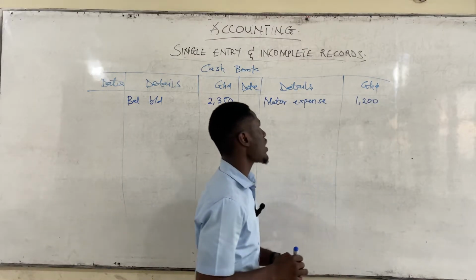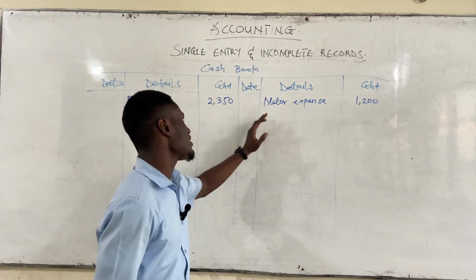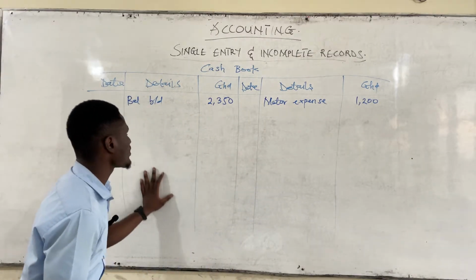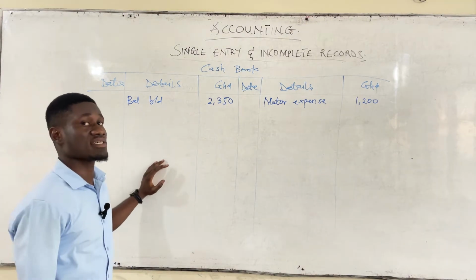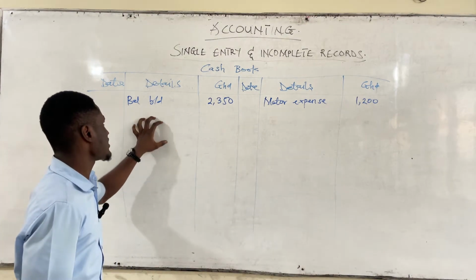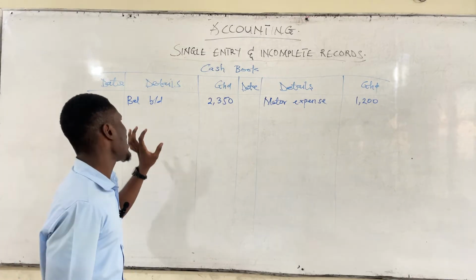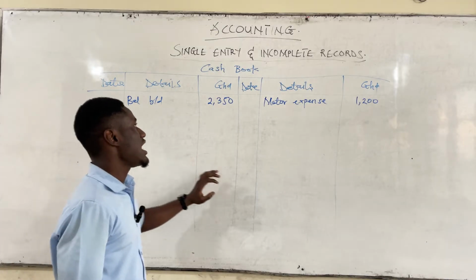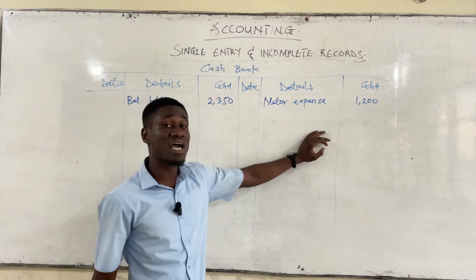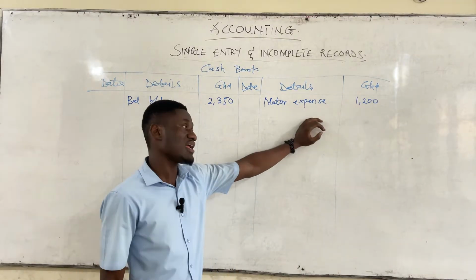So someone will ask, why are we recording the motor expenses here? We are recording them here because the items that will increase our cash balance, the amount the business has, are going to be recorded here. So any amount that is going to increase our cash balances will be recorded here. And any amount that is going to decrease our cash balance is going to be recorded at the credit side.